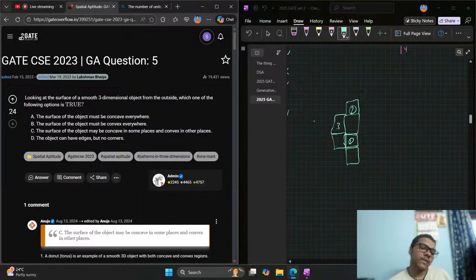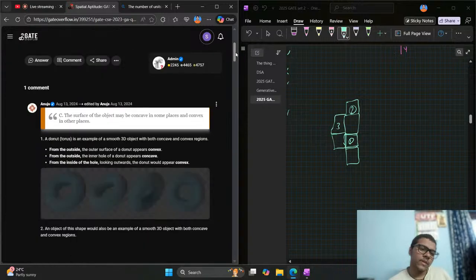Not necessarily. The object can have edges, but no corners. No, that is not necessarily true.